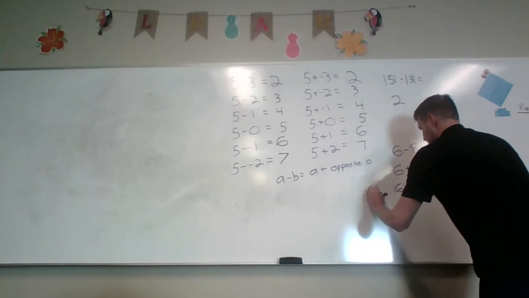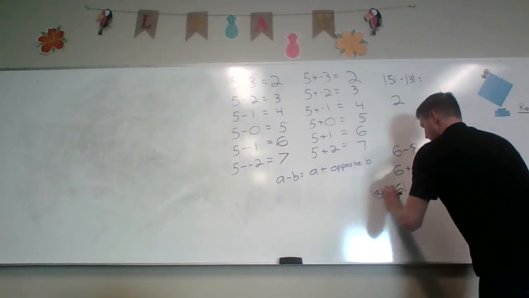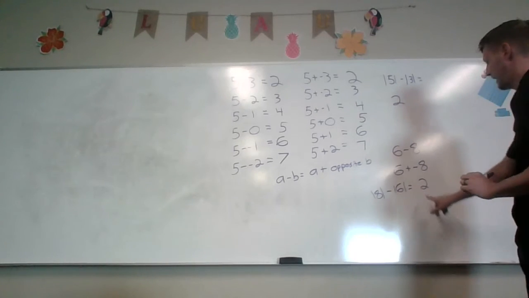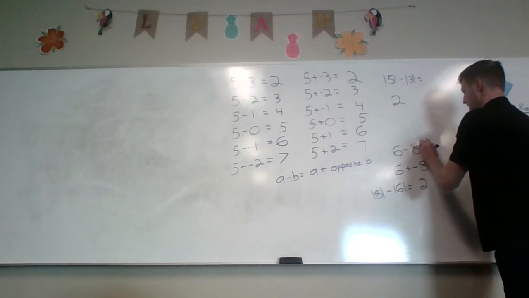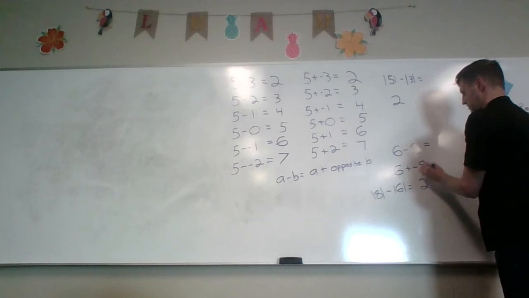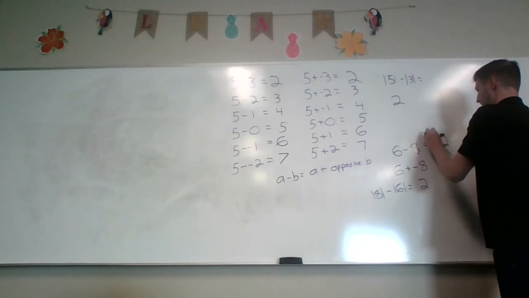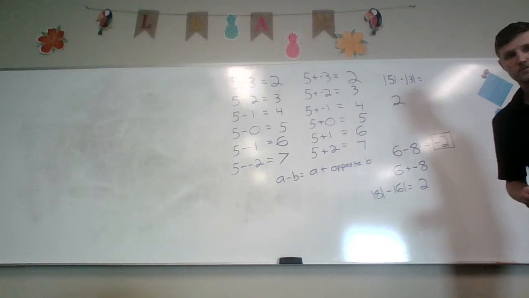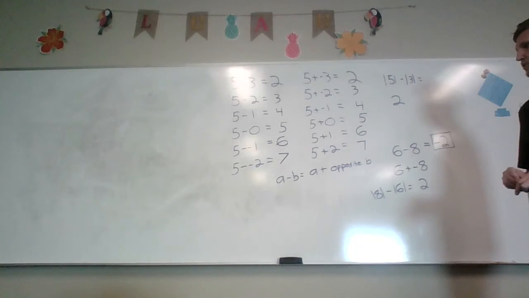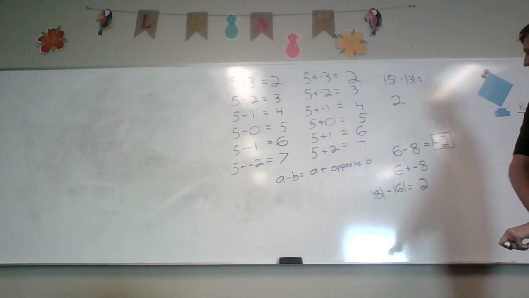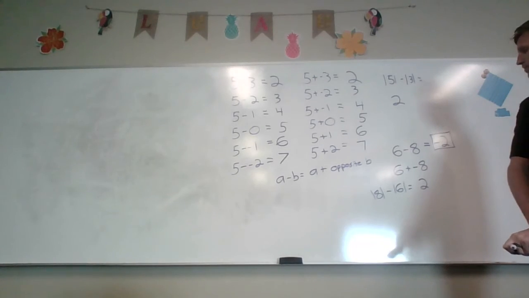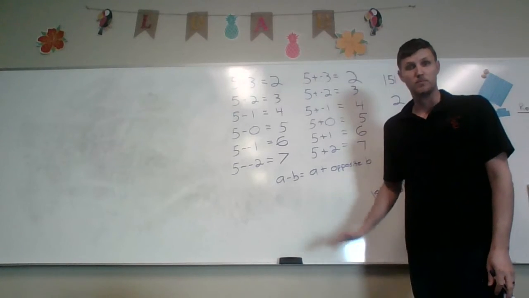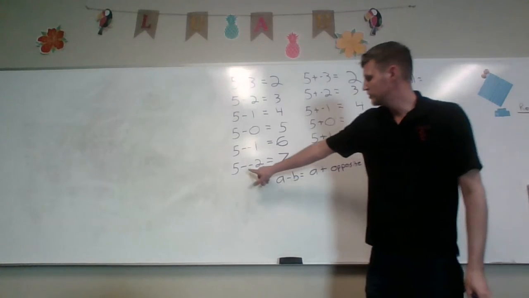I'm going to take the larger one, absolute value 8 minus 6, which is 2. Now I'm going to decide which one is bigger, positive or negative? Negative. So that's how I get my answer here of negative 2. So you can always switch every single one of these subtraction problems into an addition problem.